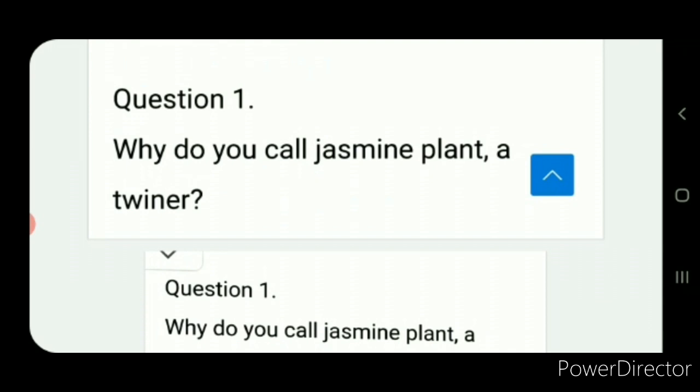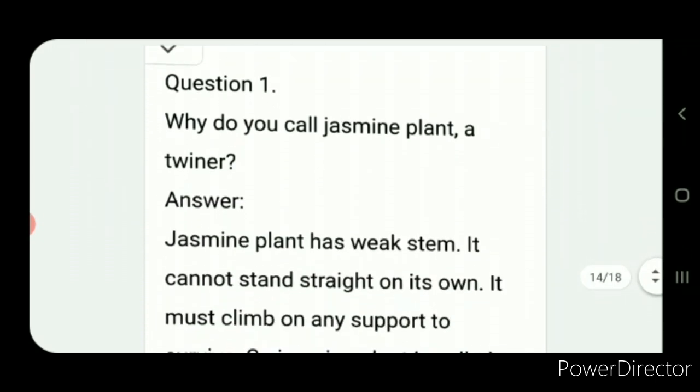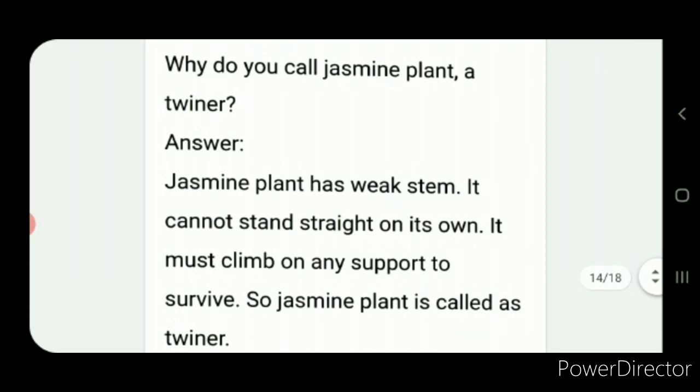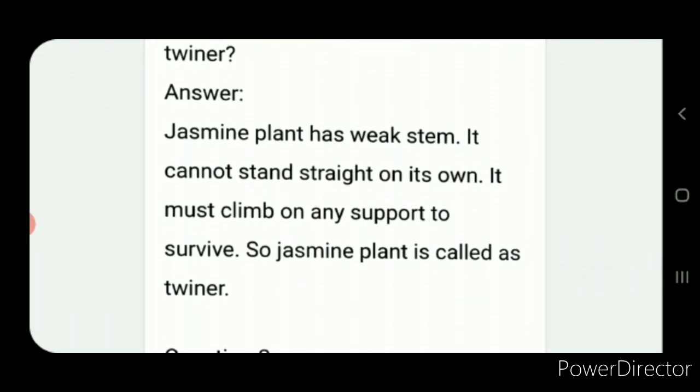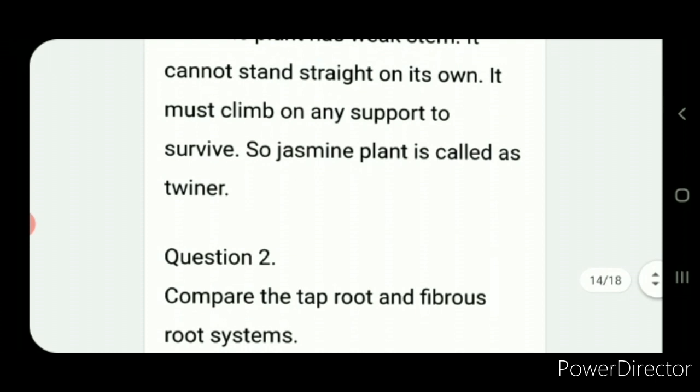Why do you call jasmine plant a twinner? Jasmine plant has weak stem. It cannot stand straight on its own. It must climb on any support to survive.